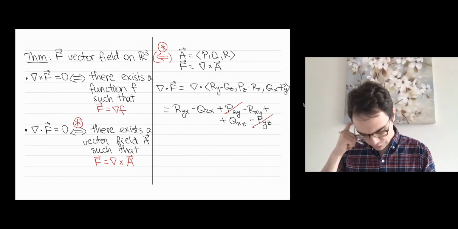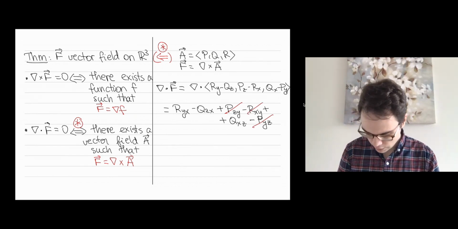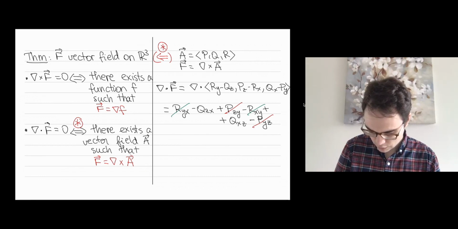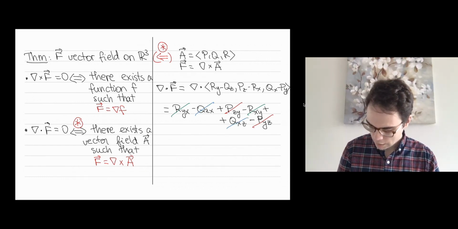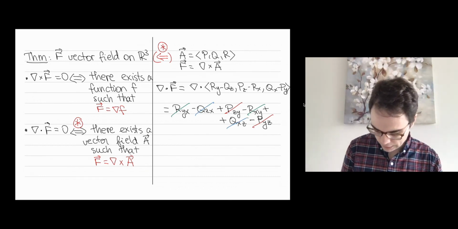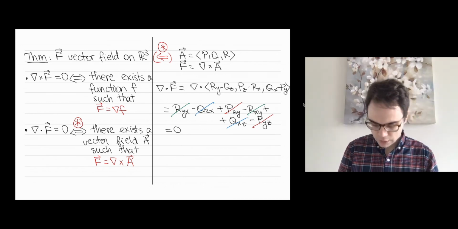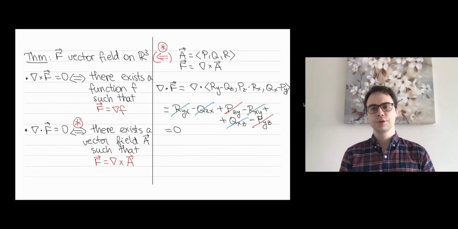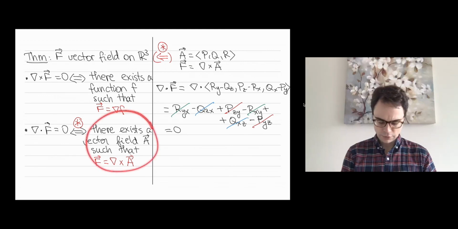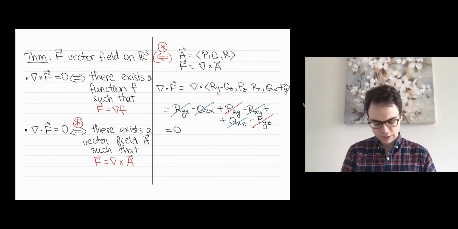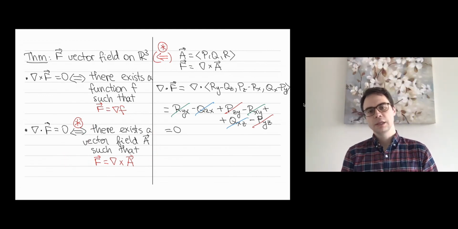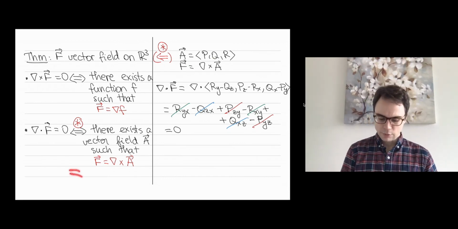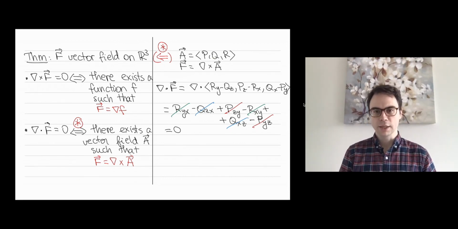So you get this cancellation, and similarly for R and for Q. Let me use different colors so you can see what cancels with what. And so you do get 0 as the theorem says. This is just to illustrate the calculation that gives you this implication, which is the easier one. For the other one, you need a more serious argument, but we're not getting into that.